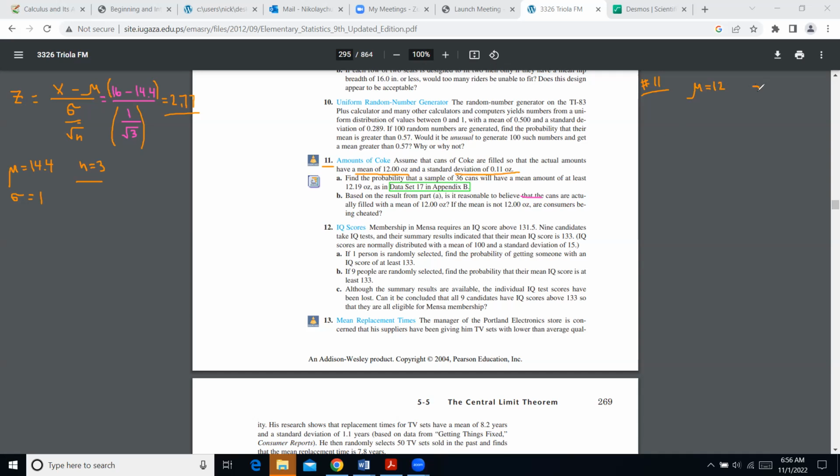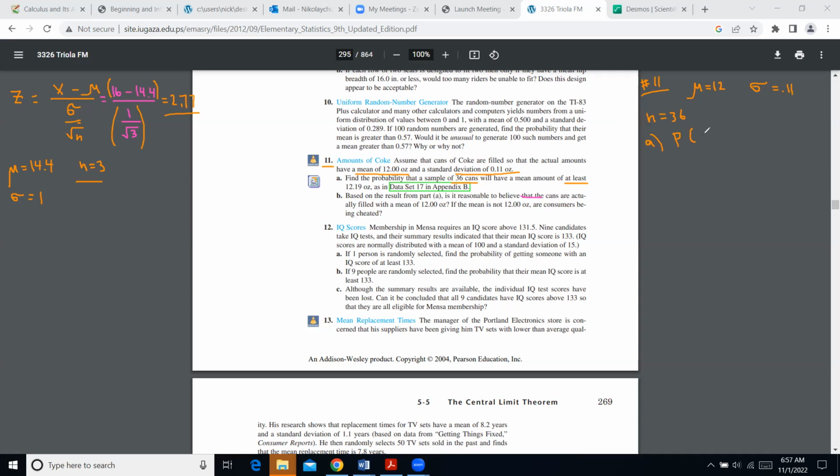So that's a sigma, right? 0.11. Also, the question deals with sample size 36. So it's n, right? Sample size is always n. And part A here wonders about finding the probability that the amount is at least 12.19.